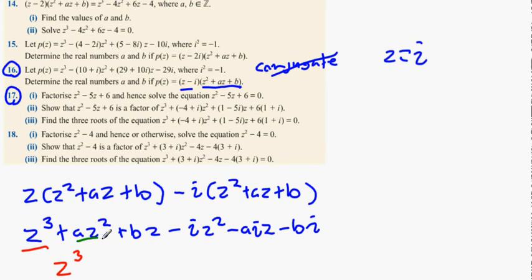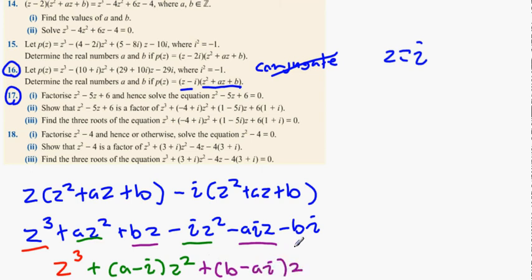So I think that's az squared, iz squared. So it's going to be plus (a minus i) z squared. And then the next one is the z's, which is bz and aiz. So then it's going to be plus (b minus ai)z, and then finally at the end minus bi as a standalone.